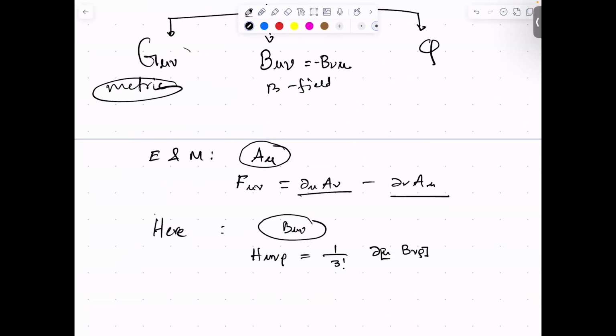But the positive takeaway is that you have the metric, gauge fields and scalars arising from this toy model setup. So gravity, gauge fields, scalars arising from this. That is our positive takeaway from this toy model of bosonic strings.